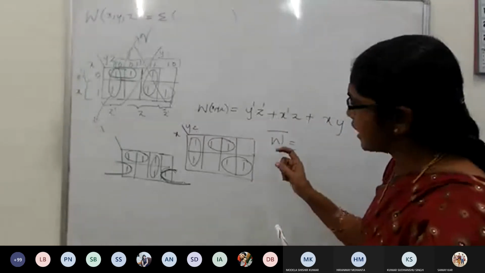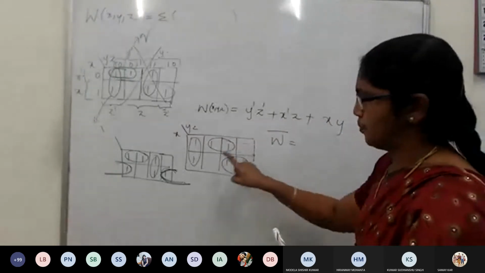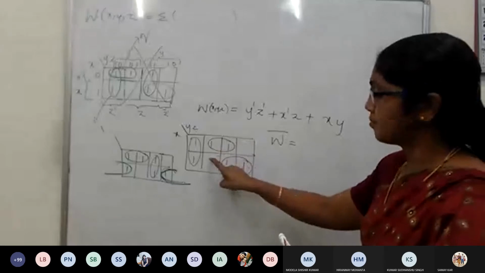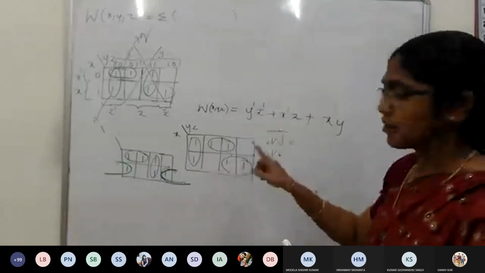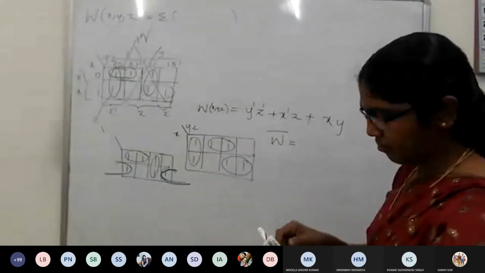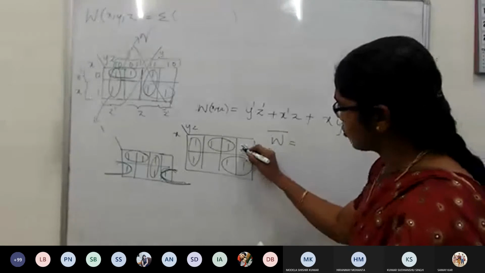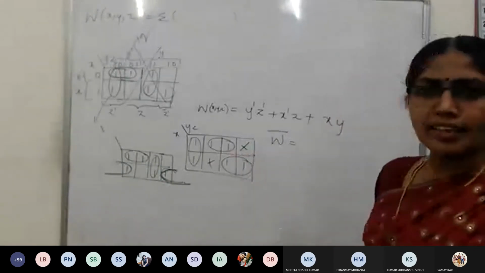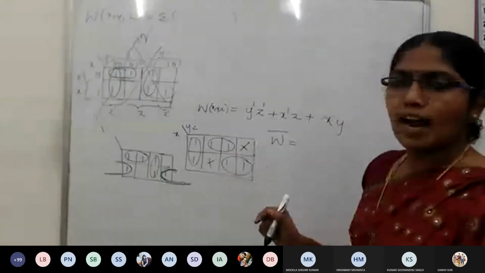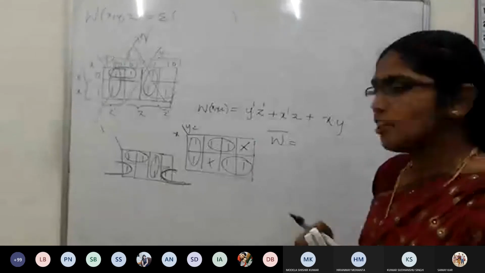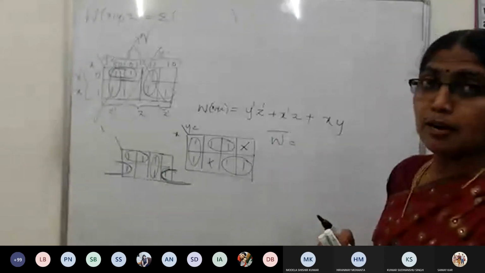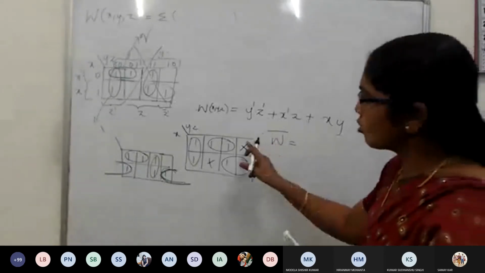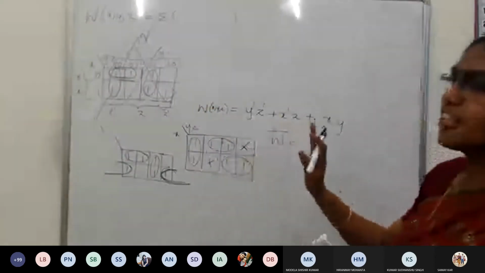So here I can see the unfilled terms are these two boxes. Correct? In this particular problem. So this one, and this one. So these two terms are used in the complement, to frame this complement function. But how does it have to be utilized? Should I use the same regions or should I change the regions also?